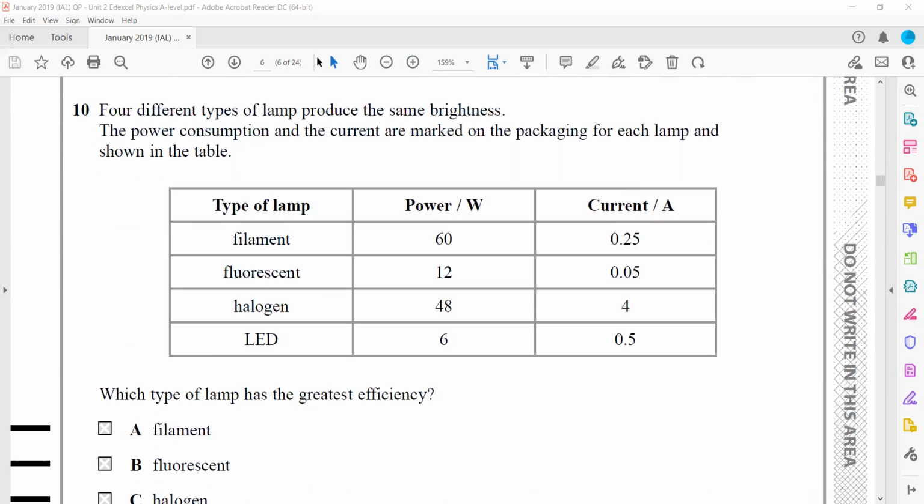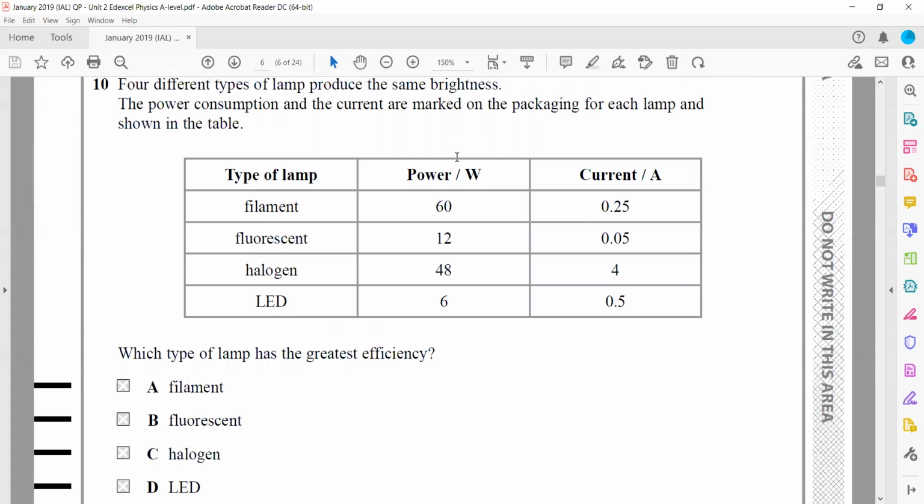In question 10, four different types of lamp produce the same brightness. The power consumption and the current marked on the packaging of each lamp are shown. Which type of lamp has the greatest efficiency? So how can we work it out?